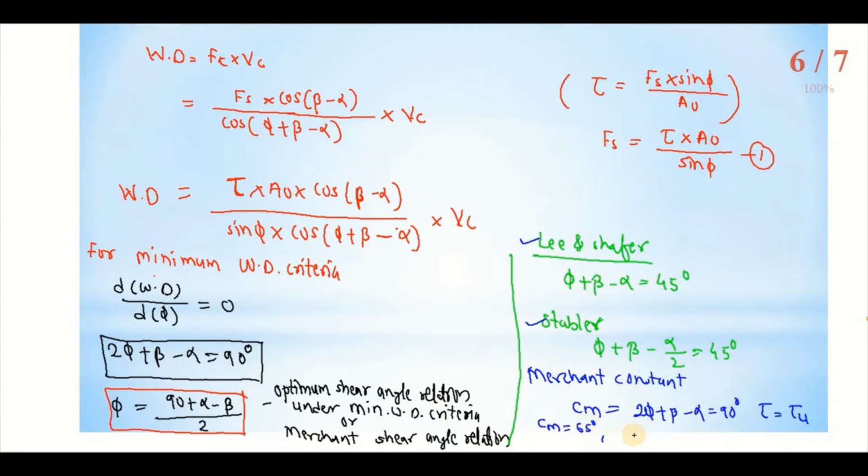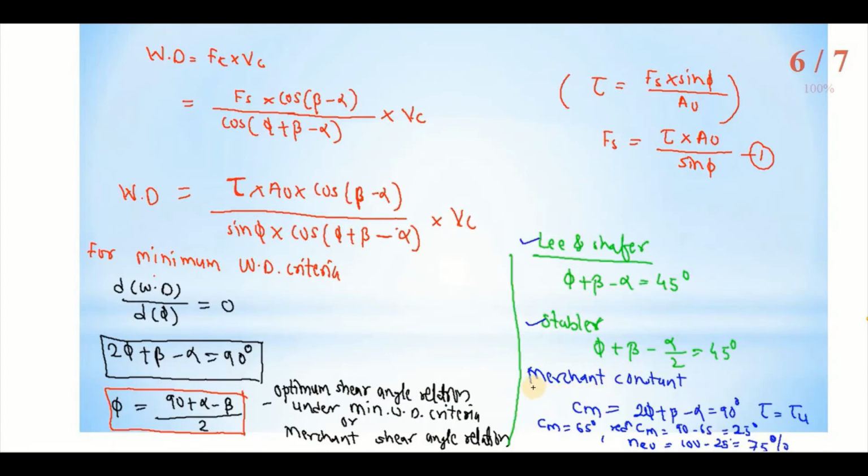Then the reduction in Cm is 90 minus 65, which is 25 degrees. The net energy utilization is 100 minus that reduction in the Merchant constant, so we get energy utilization as 75%.